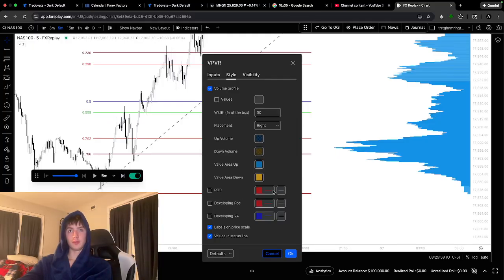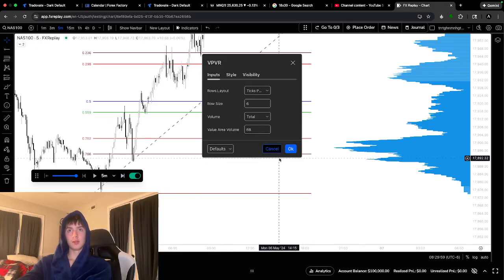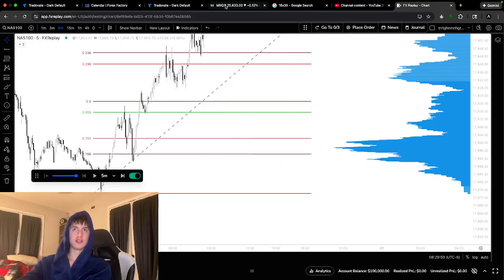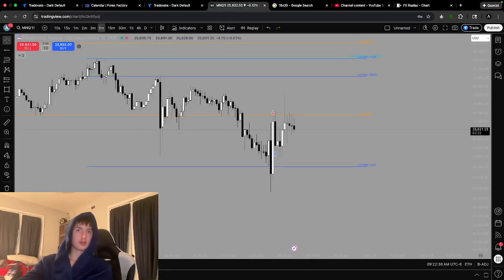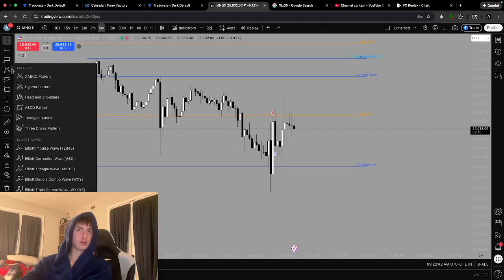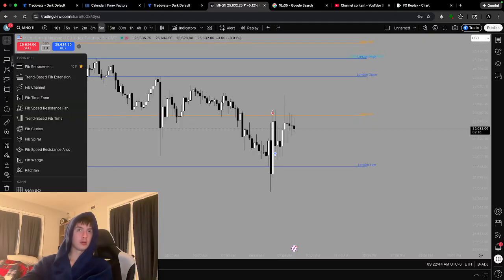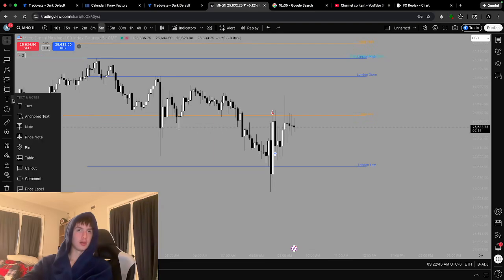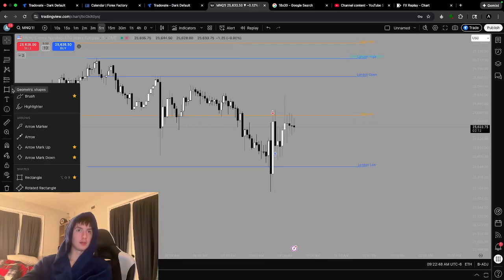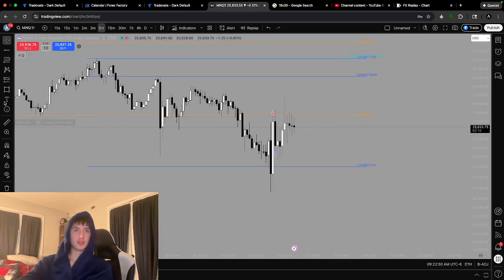You won't really need any of this, but here it is. This should be the same on TradingView, but on TradingView it's the anchored volume profile. It's somewhere over here, I don't know where it is.